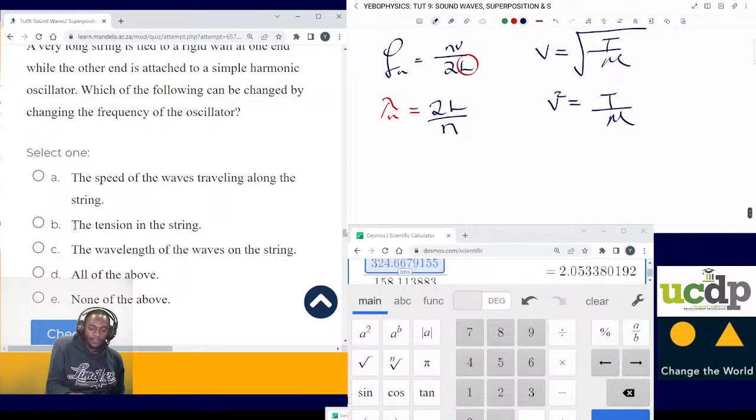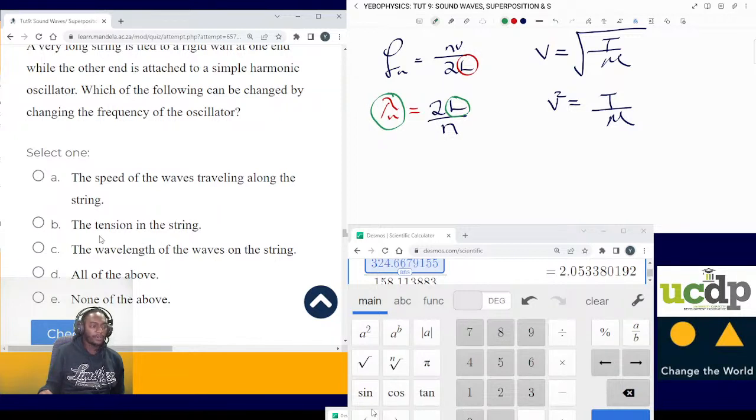So if the L changes, the wavelength is also affected. So certainly frequency influences the wavelength. So it's only the wavelength, not the speed, because the speed is affected by the tension.